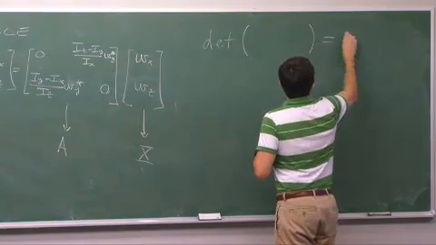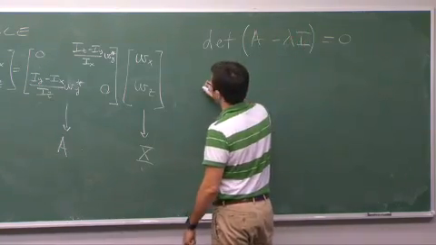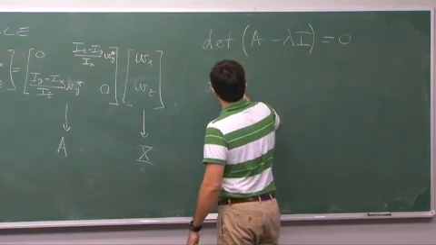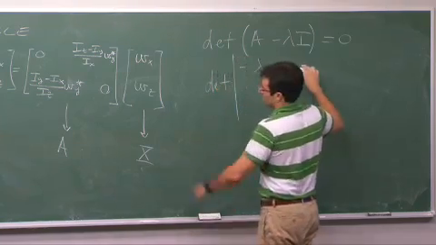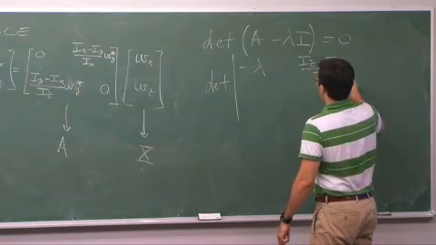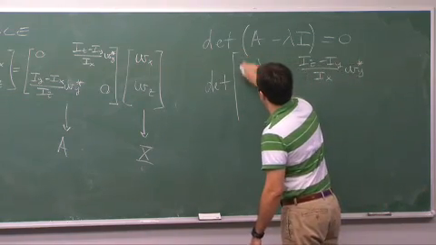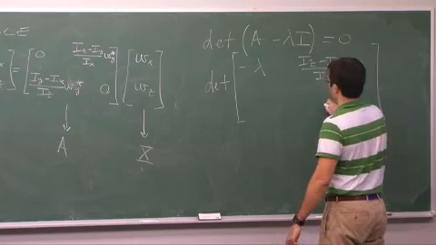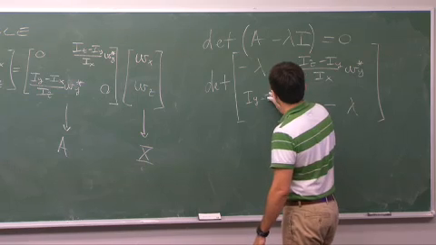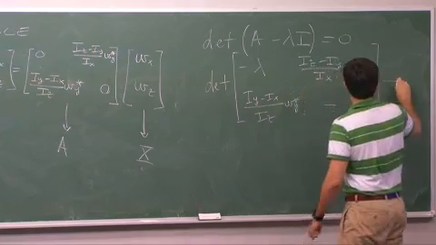A minus lambda I, which in this case turns out to be, basically you have to find the determinant of minus lambda, (Iz minus Iy) over Ix omega y star, and then here I have another minus lambda, (Iy minus Ix) over Iz omega y star. I have to set this to be 0.